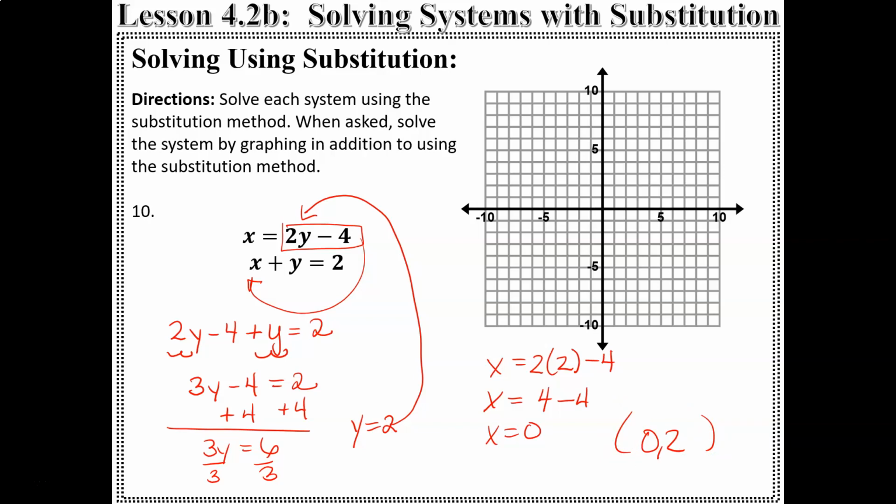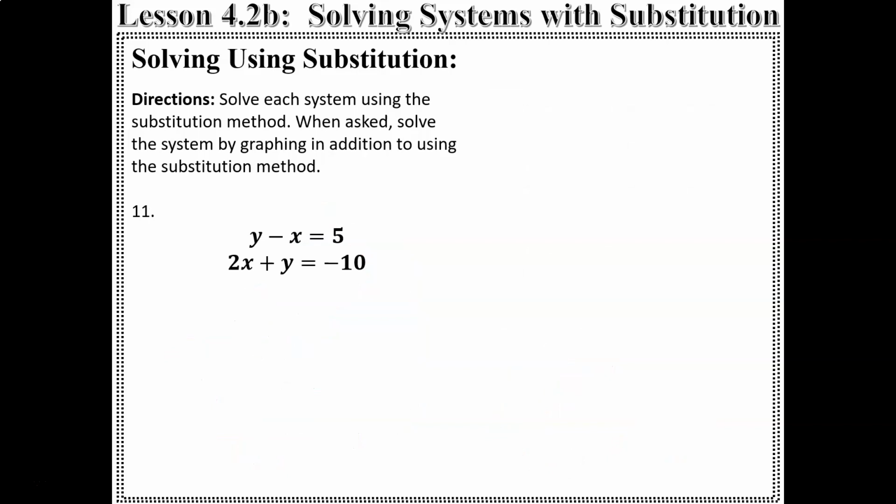Move on. So number 11, we have y minus x equals 5. Well, the problem here is we don't have a variable isolated. So I'm going to get y alone for the second one. So I'm going to take 2x plus y equals negative 10 and subtract 2x from both sides. So that way I have what y equals. Y is equal to negative 2x minus 10.